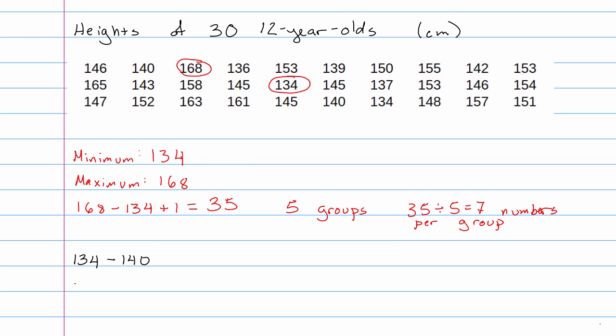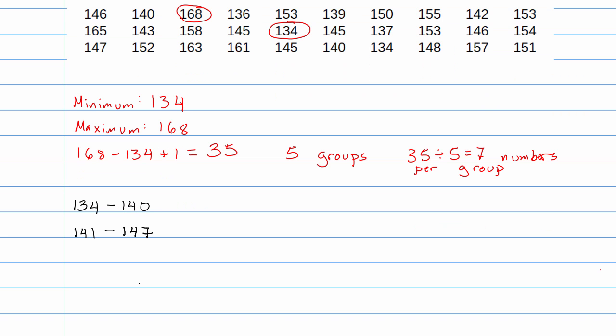And then the next group is going to start at 141. Well, to get the end of this group, I added 6. So I'm going to add another 6, 147. And then 148, to add 6 is 154.